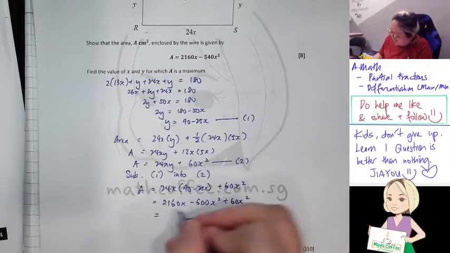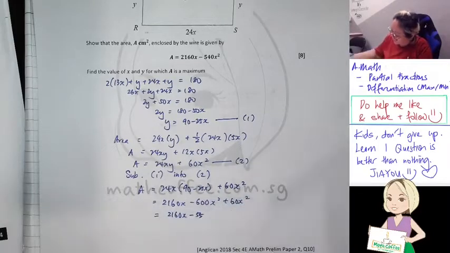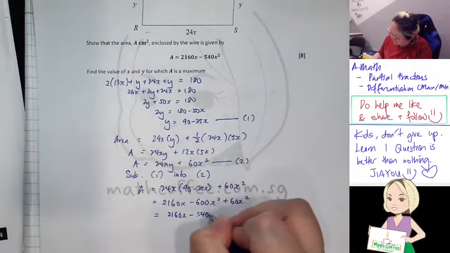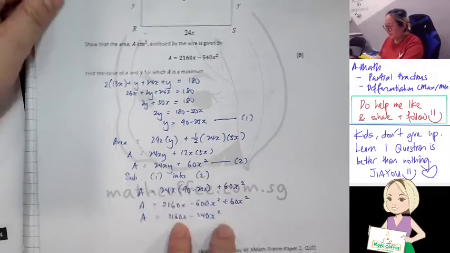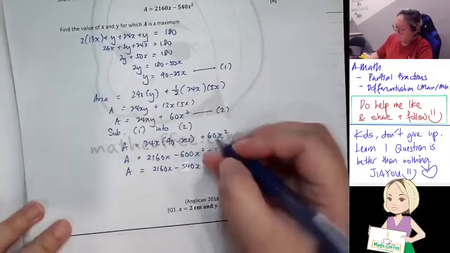When I simplify, I get 2160x minus 540x squared. And this is exactly as the one that they asked me to show. So we can say shown.